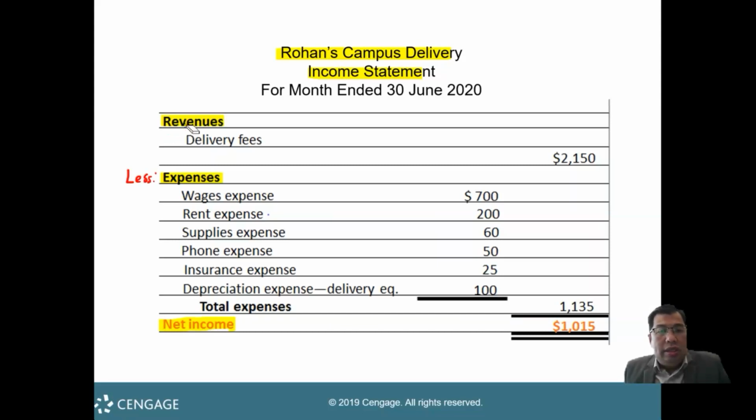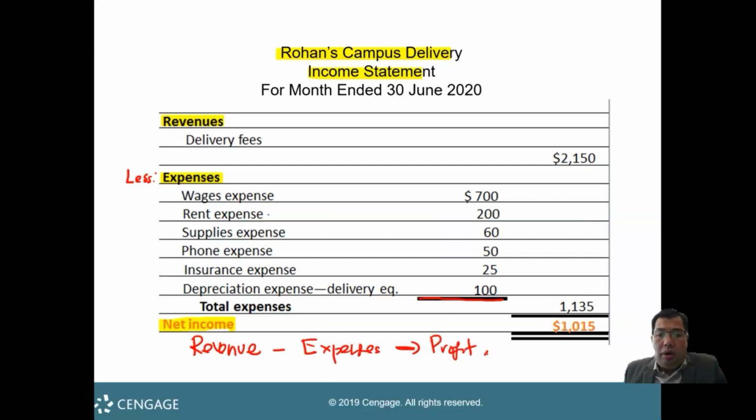This is more on presentation, so it's easier for you to read this document. So this is your total expense. You draw a line at the bottom, and then you total everything, put it down here, 1135. This gives you net income. Just compare your revenue minus your expenses, and this will give you your profit.